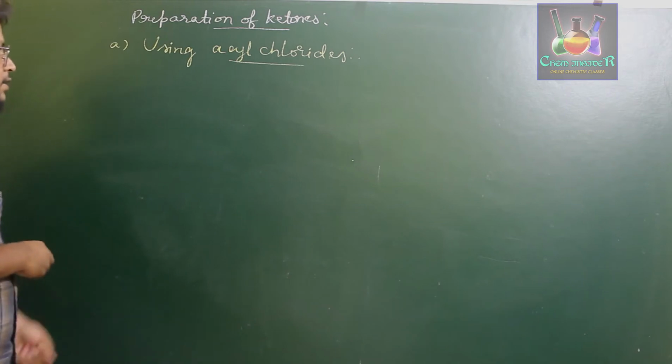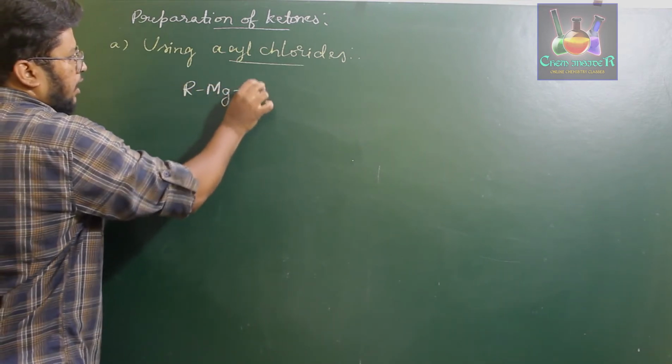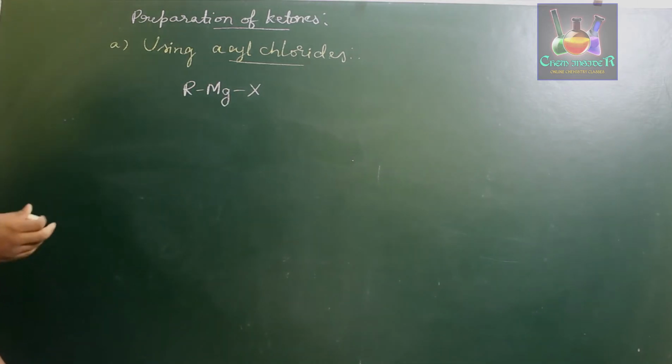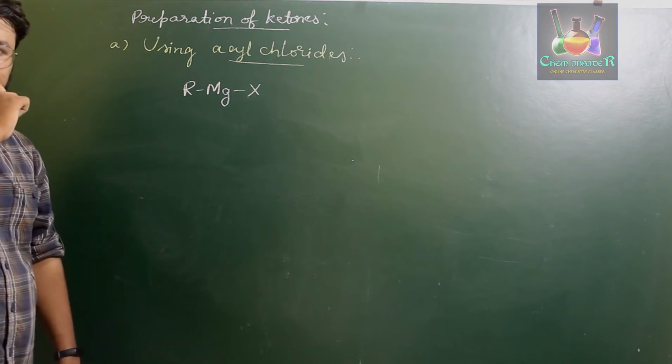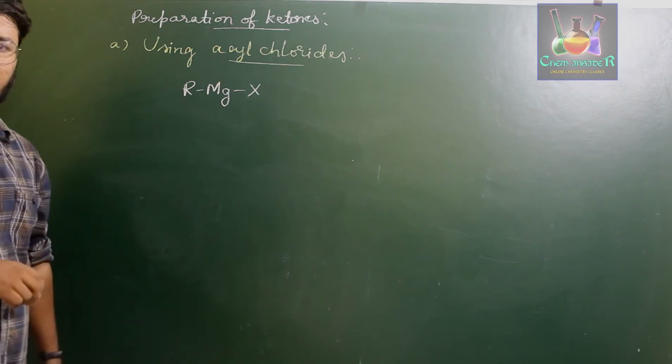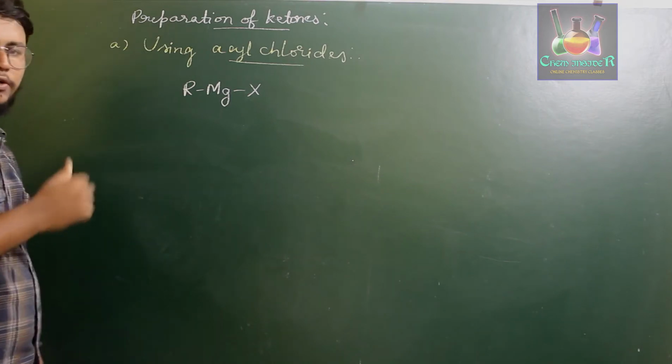So, the reaction takes place like this. First, we need to treat the desired alkyl group which has to be present in the prepared ketone. If you have to form an alkyl ketone, then you can use alkyl magnesium halide. If you have to prepare an aryl ketone, then you can use aryl magnesium halide.